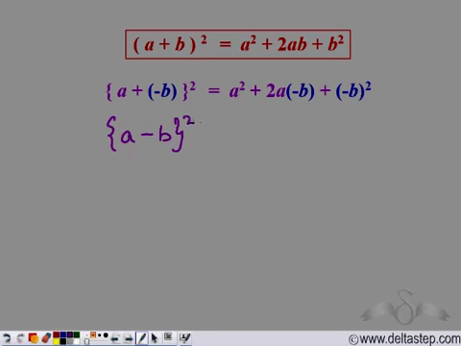A minus b whole square is equal to a square remains a square plus 2a into negative b, it becomes negative 2ab, and negative b whole square. So negative sign is also squared, so it becomes b square. So a minus b square is a square minus 2ab plus b square. So this is another special identity.